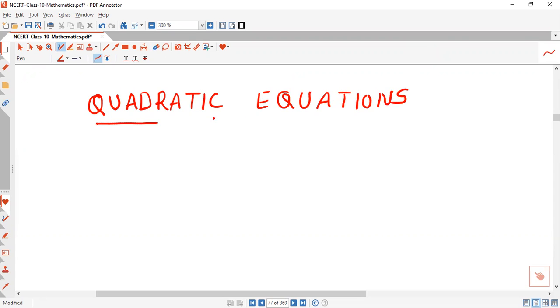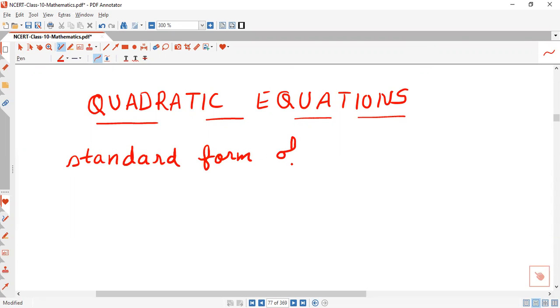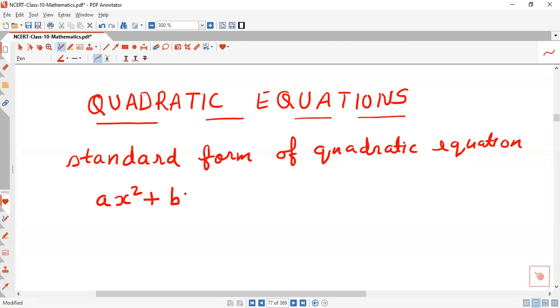First of all, I would like to write down the standard form of the quadratic equation. The standard form of a quadratic equation is ax square plus bx plus c equal to 0.